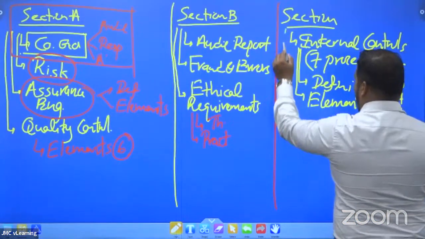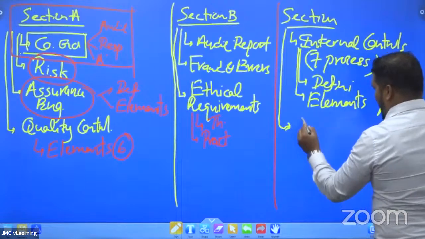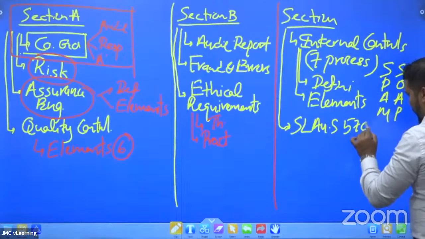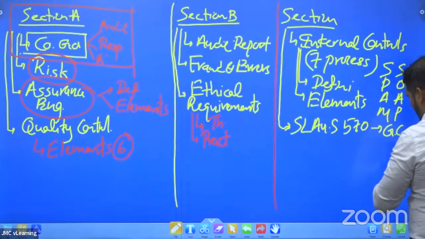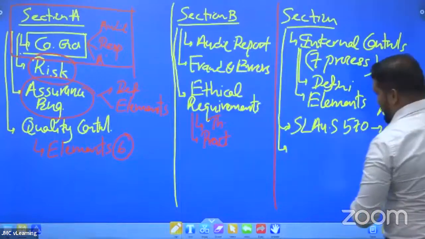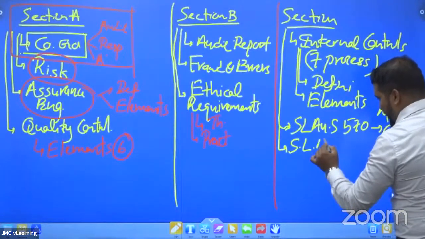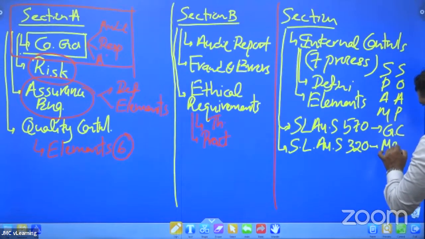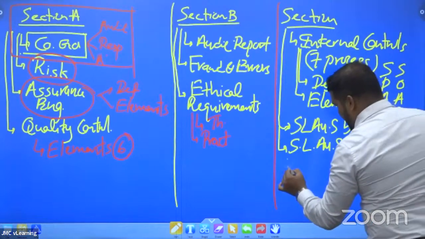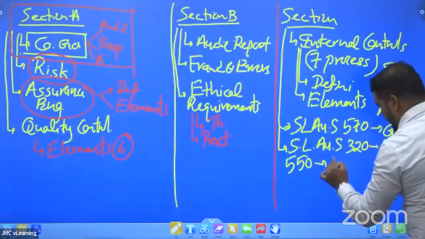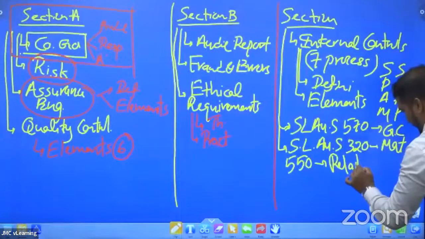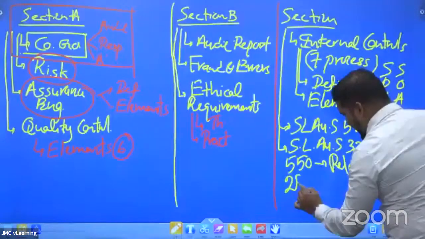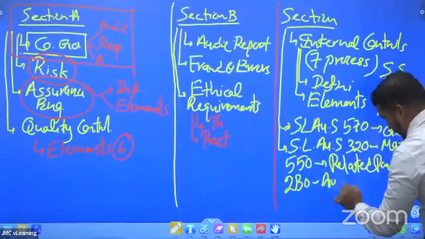Apart from that, from the standards perspective: SLAUS 570 going concern, then SLAUS 320 materiality, then SLAUS 550 related parties, then SLAUS 230 audit documentation.